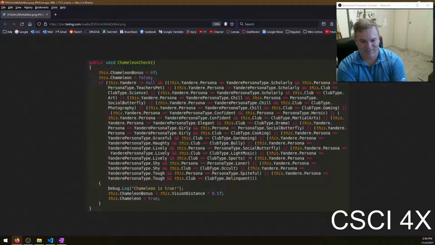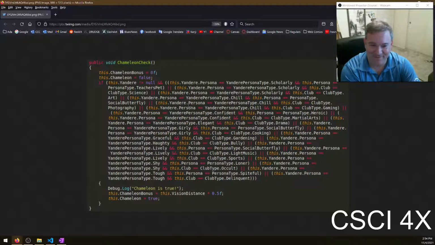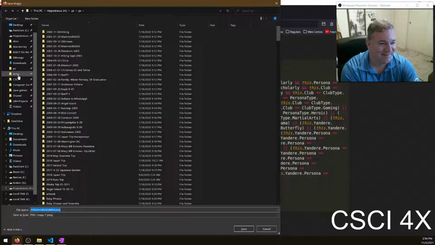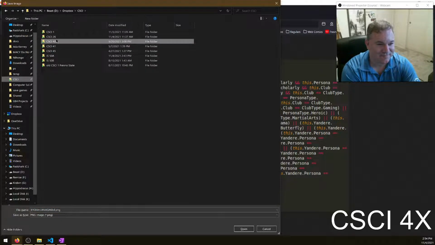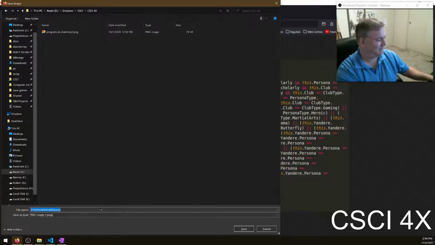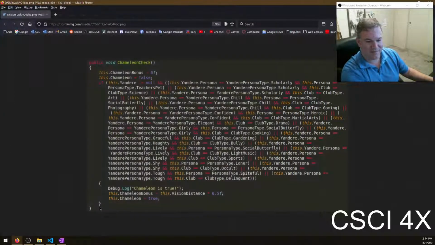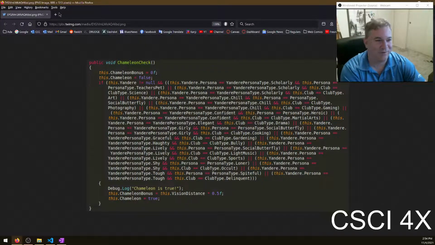If this Yandere personality type is graceful and you are in the gardening club, if you're haughty and you're in the bullying club, if you're lively and your persona type is also social butterfly, then you gain a chameleon bonus. If only there was a better way of writing this. Ah, Lord, this is so good. I'm gonna save this one. This is going on the memes channel.